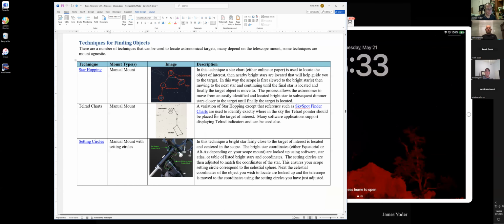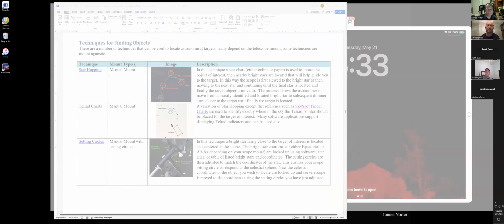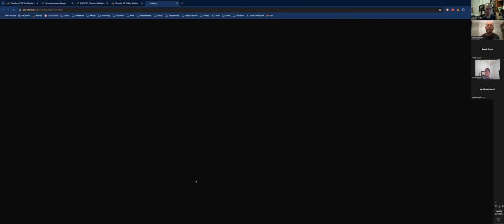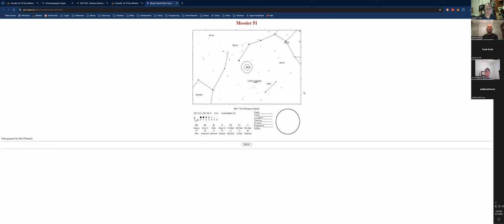The other one is using what are called Telrad charts. Now this is actually a pretty good system. Basically, it's a finder scope that has these bullseyes in it, and the designer made a list of charts of where objects are.